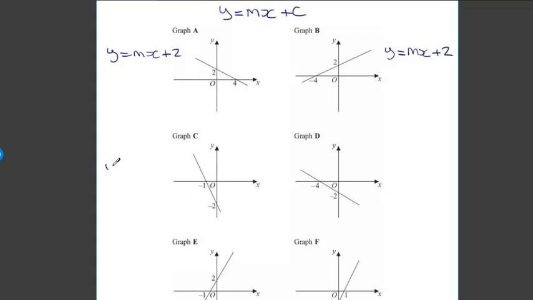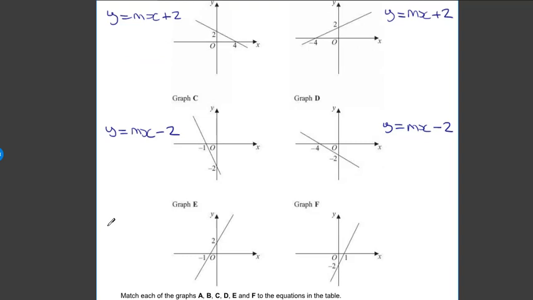Here, y equals mx minus 2, because it's the y-intercept. Here, y equals mx minus 2. So I haven't put in the gradient, I've just put in the y-intercept, but that's going to help us.